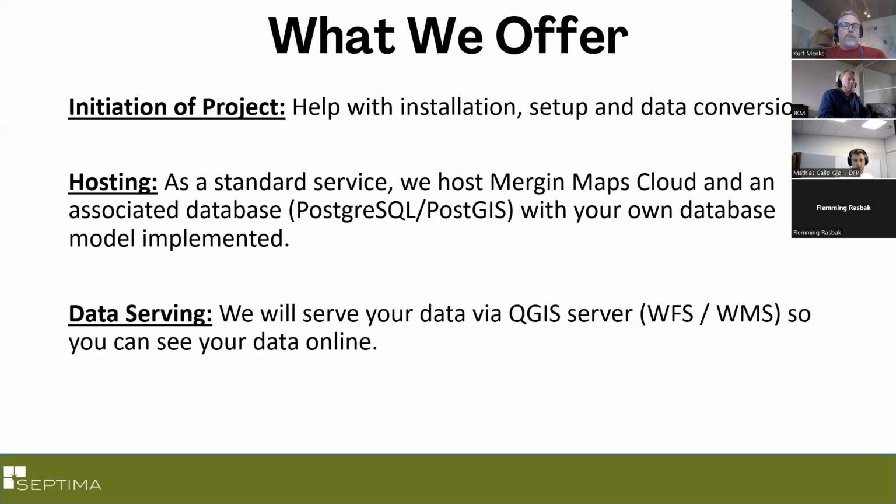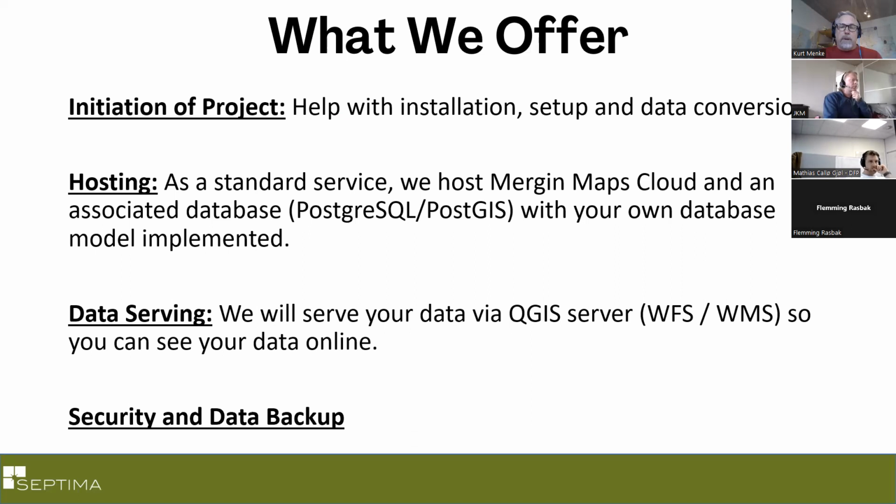In that case, we're also able to serve out your data via QGIS server as WFS or WMS layers, so you can see your data online. And of course, we also offer security and data backup as part of that. So those are some of the services that we're offering around Mergin Maps now.